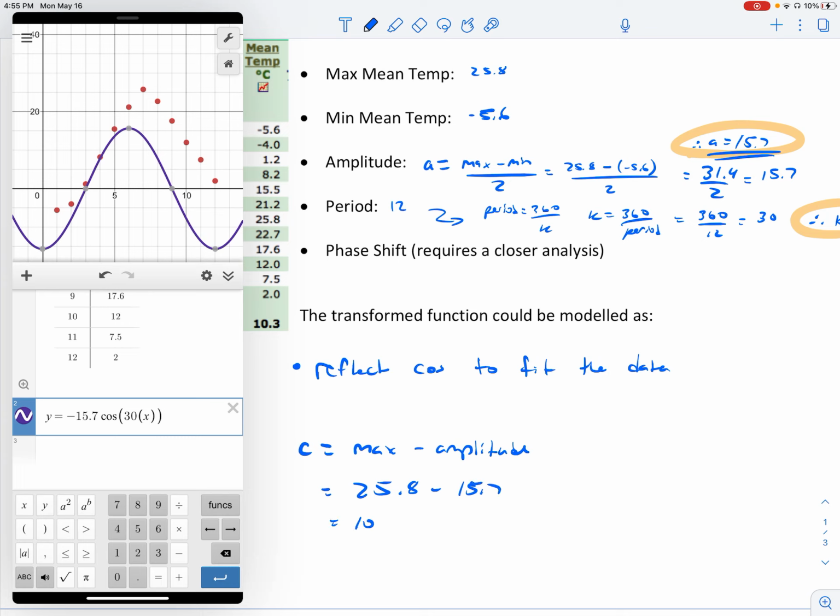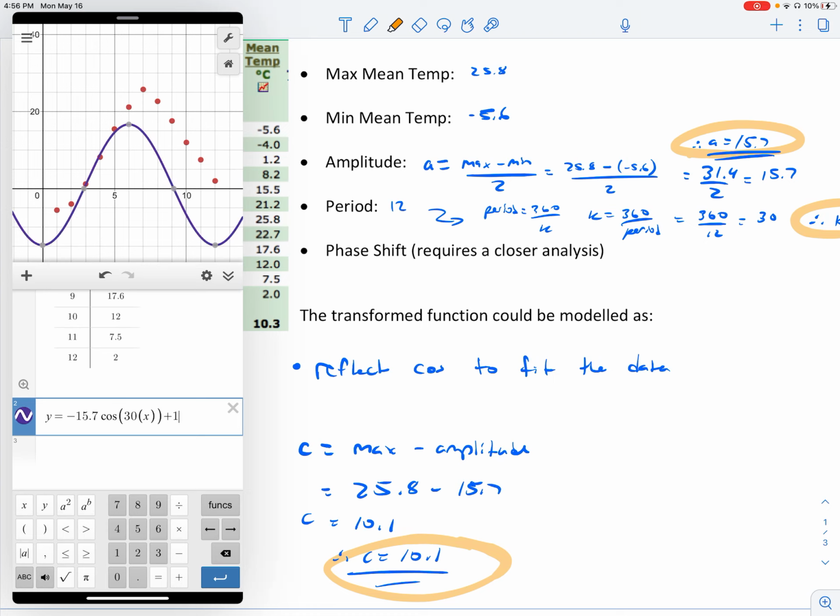So that is 10.1. So that's a good spot for the center line. I'm going to add that in here. This area plus 10.1. Okay, now our graph looks even better.